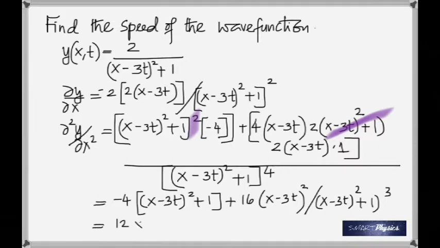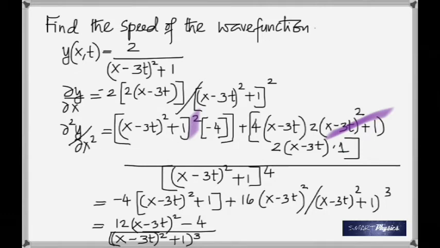And the 16 you get because it's 4 times 2, 8 times 2, 16, and you can figure that out. And then it's simplified to 16 minus 4 is a 12 there. And you have the minus 4 because of minus 4 times 1. So that could be figured out if you look at it carefully.